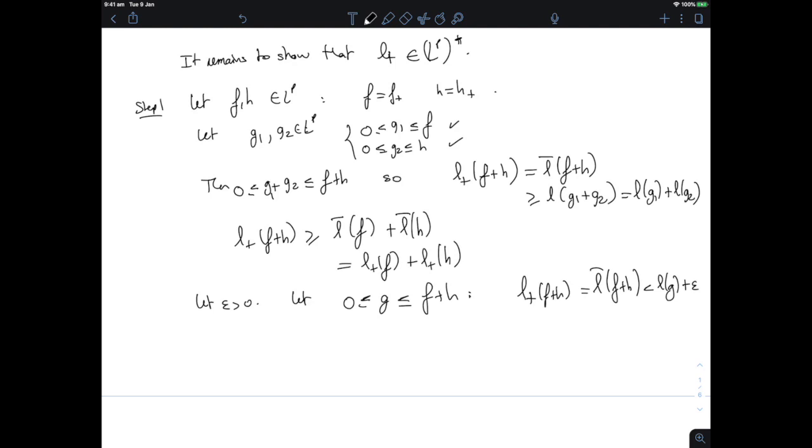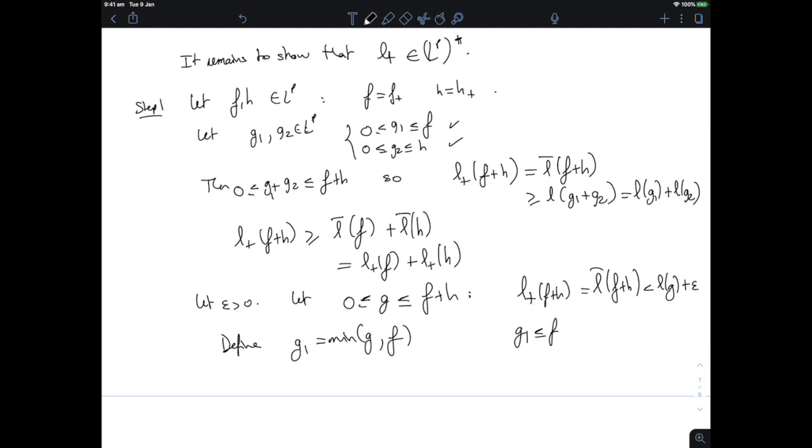Now I want to define, let's call that g1, as the minimum of g and f. The point of such a g1 is that obviously it is below f because it's the minimum, and g minus g1 is below h.